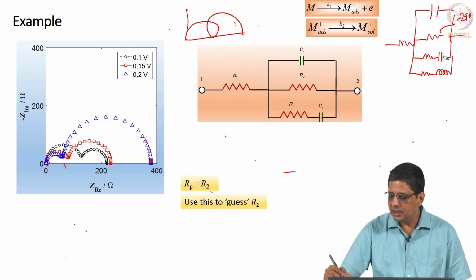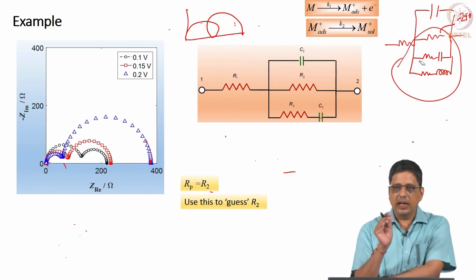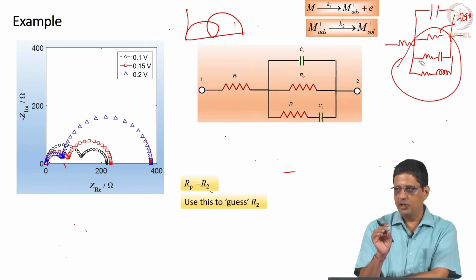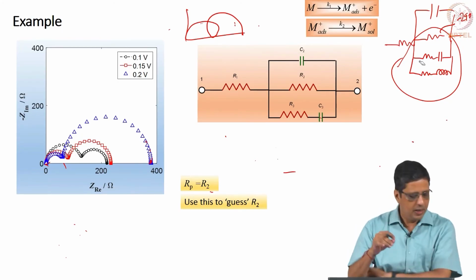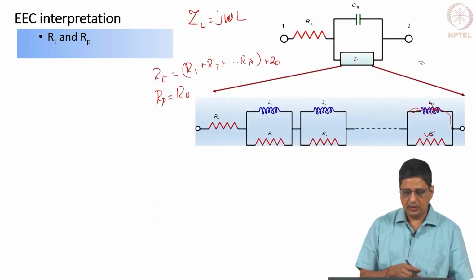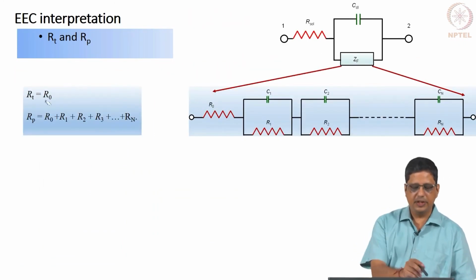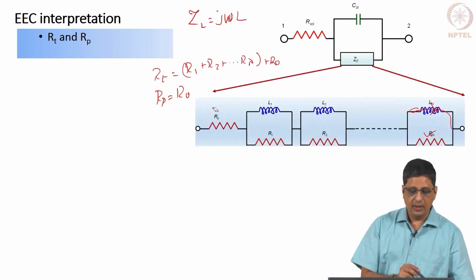So, when you mix up and get an inductor and capacitor in a circuit to represent Faradaic impedance, you cannot get a simple expression for polarization resistance or charge transfer resistance. In the previous cases where we looked at the examples starting here, one of them will be a simple equation, that is R0 is RT.